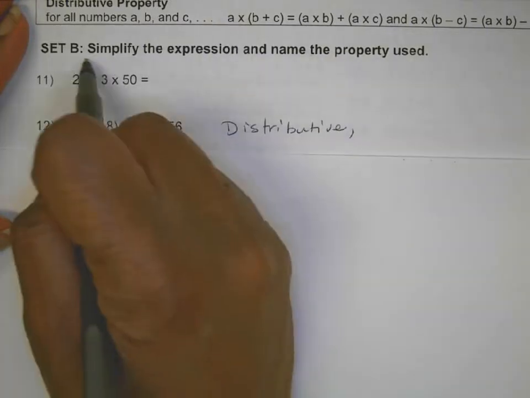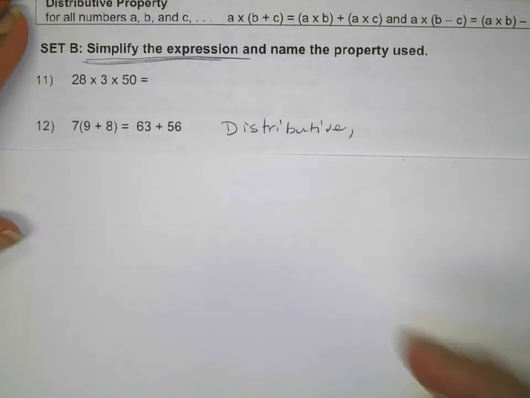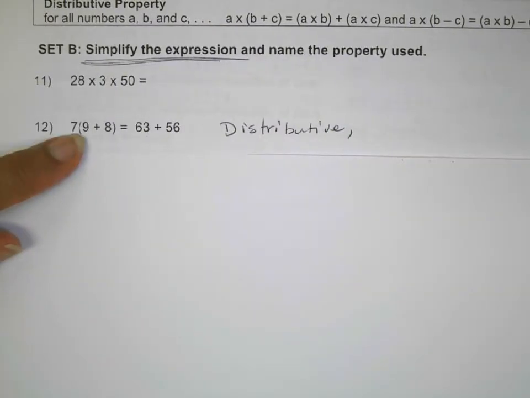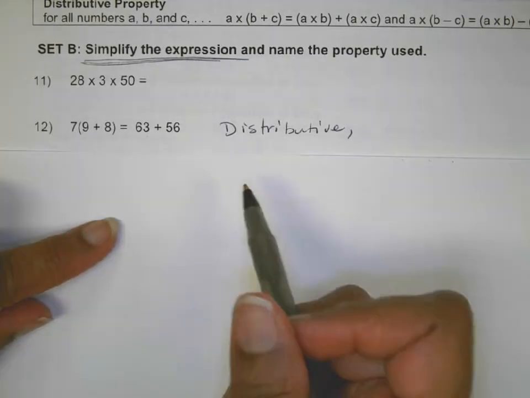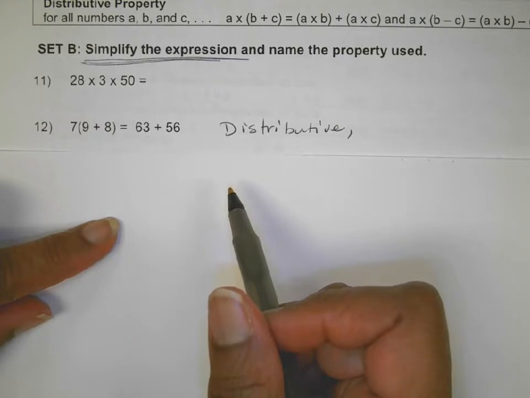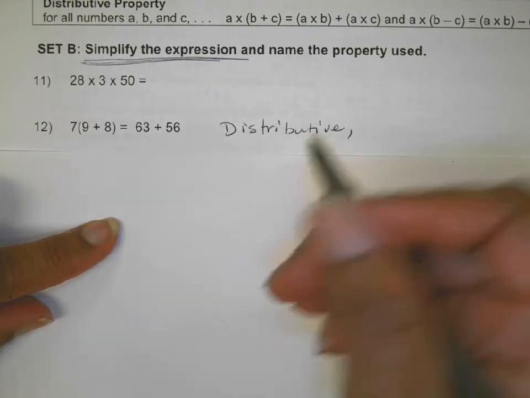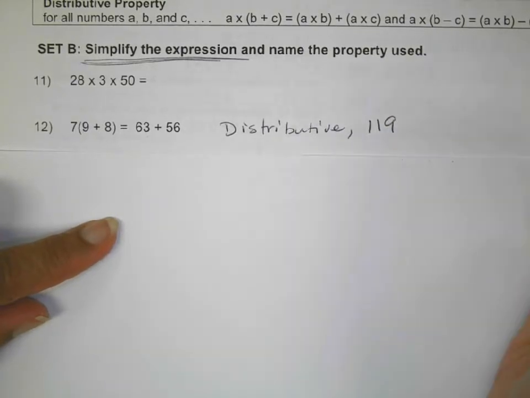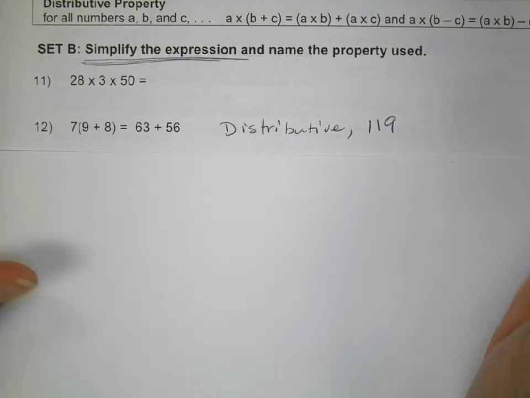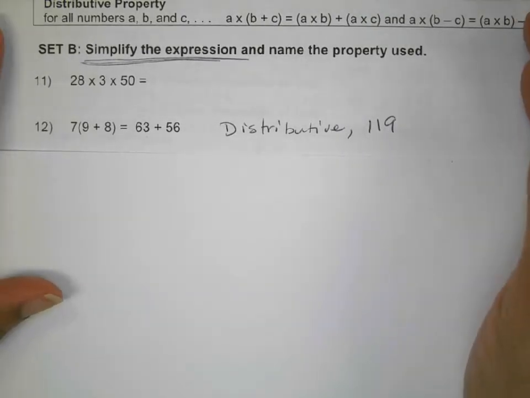Yeah, so that means I'm going to be getting an answer for that because there's a number. So who can tell me what is 63 plus 56? How much? 119. So just remember on exercise B, name the property but also solve the expression.